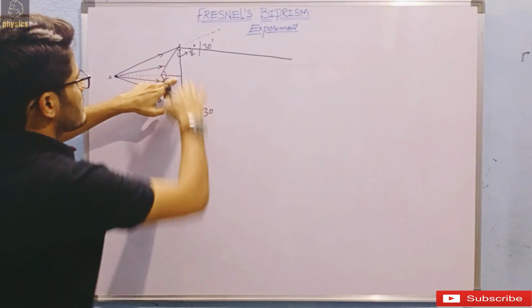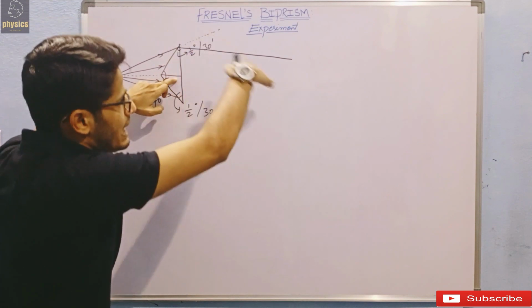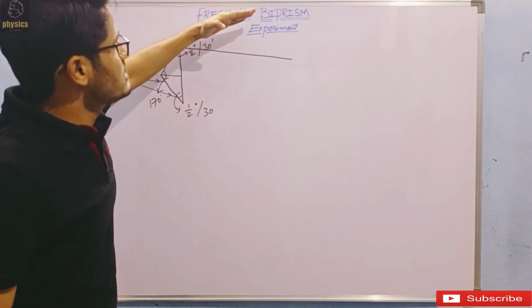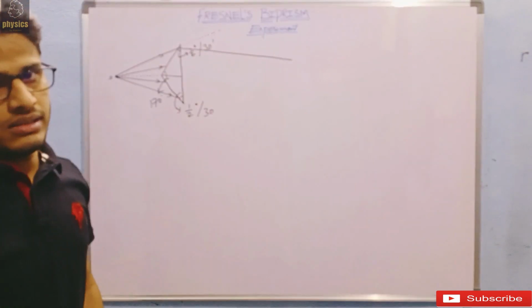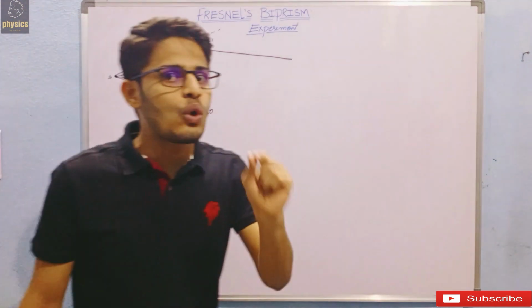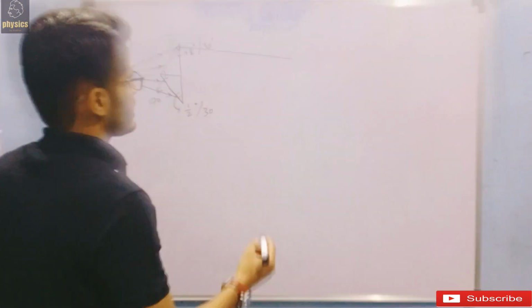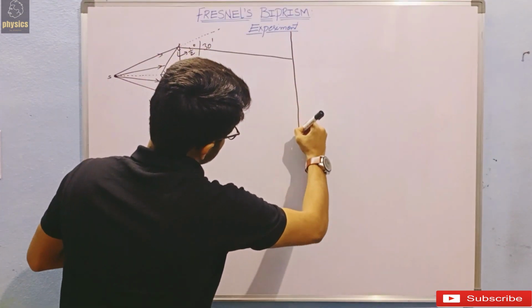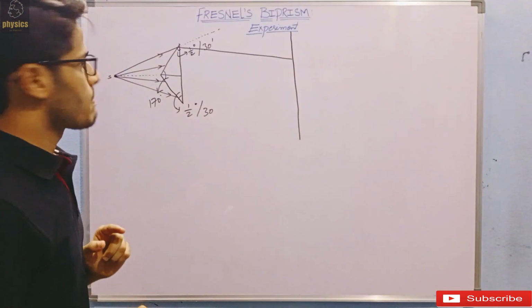Here's the base, and the light is bending a little towards it. Why is the light not going straight? Because of the angle. That is the secret of getting a coherent source. Just wait. Here's the final screen.